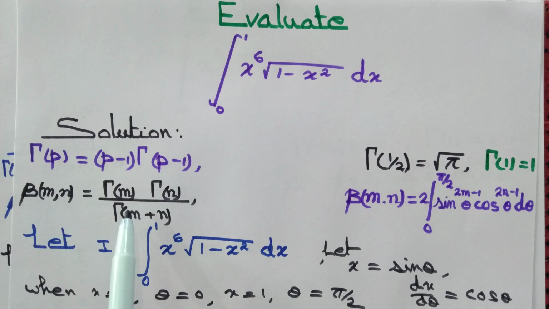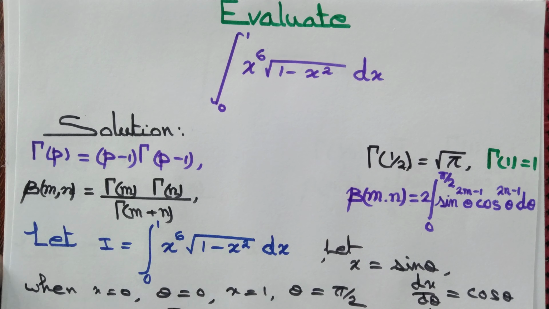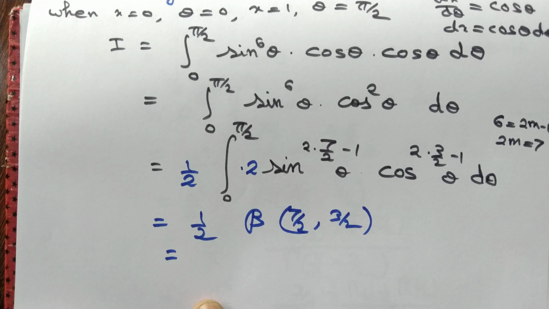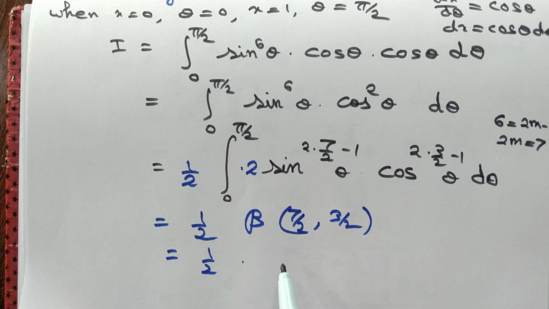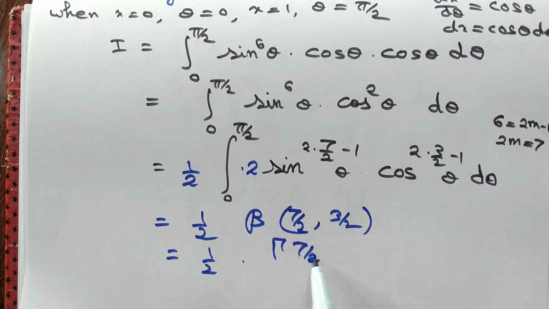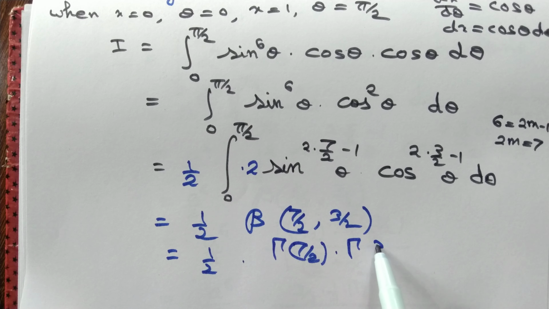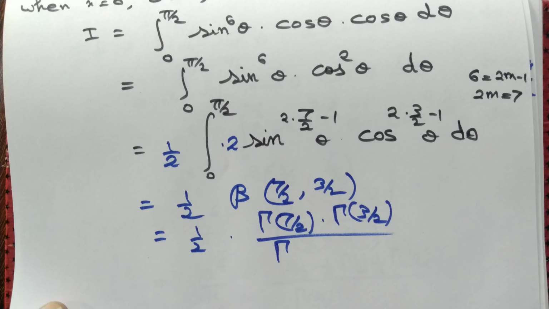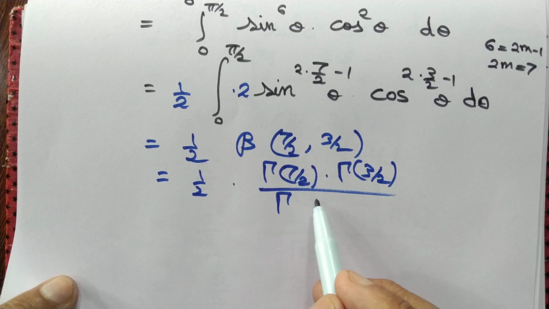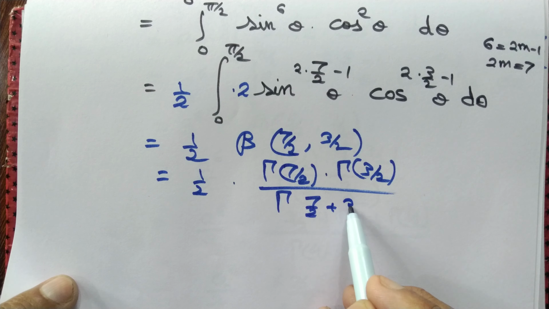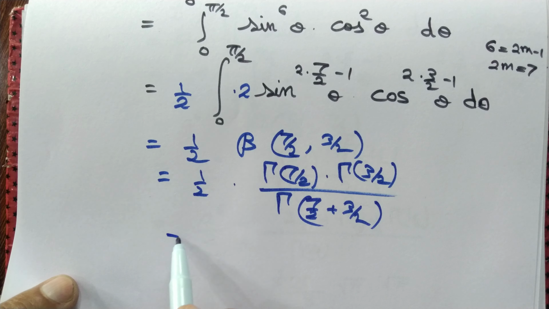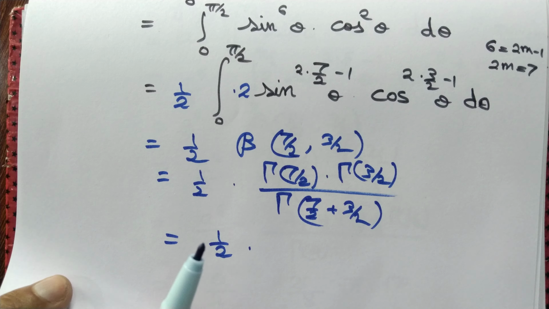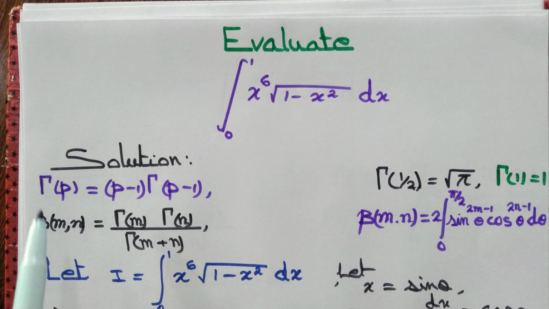Beta mn equal to gamma m times gamma n divided by gamma m plus n. So, we choose m equal to 7 by 2 and n equal to 3 by 2. So, that is equal to gamma 7 by 2 times gamma 3 by 2 divided by gamma of 7 by 2 plus 3 by 2. Now, we will use the recurrence relation. We choose p equal to 7 by 2.